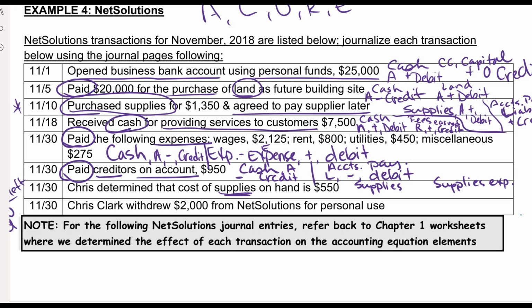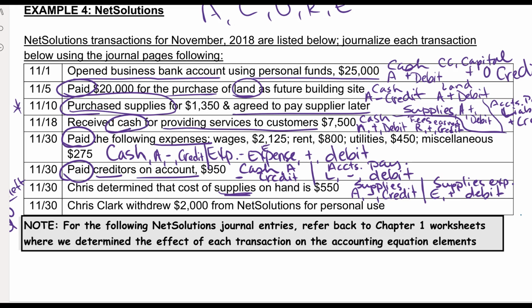So our supplies, that's an asset account. And it's going to decrease. So how do we decrease an asset account? If in doubt, look at page 2. All right, supplies expense. Well, it's an expense, and it's increasing. To increase an expense, we'll use a debit.